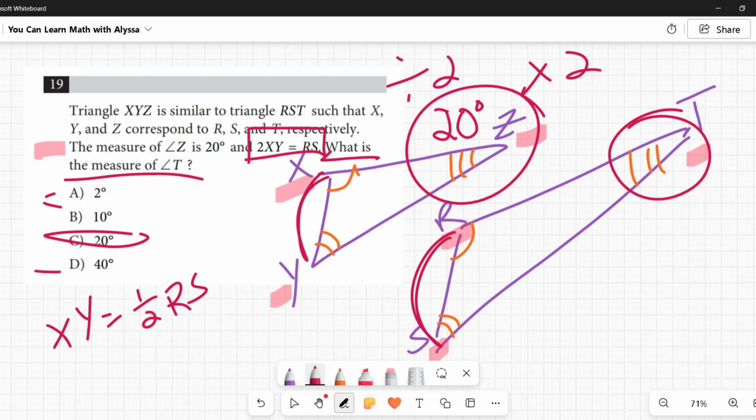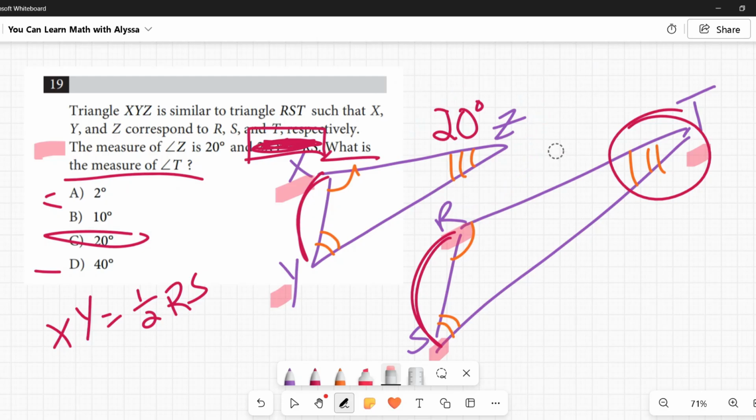Because they're trying to trick you. It is completely unnecessary. All you need to know is that Z corresponds to T. In similar triangles, corresponding angles are the same. So Z and T are both 20 degrees. That's all there is to it. Our answer is C.